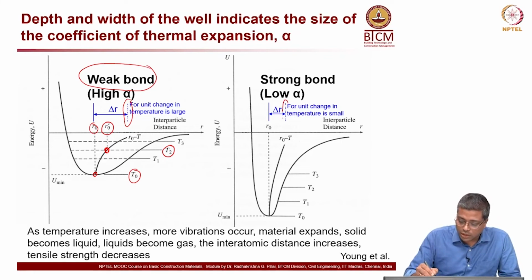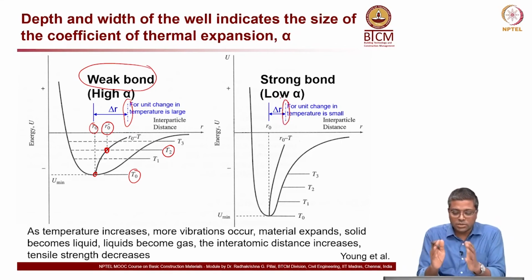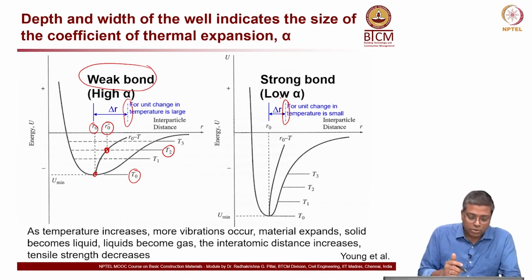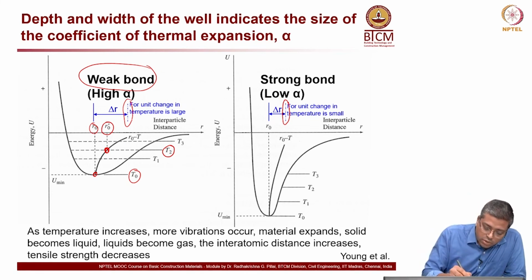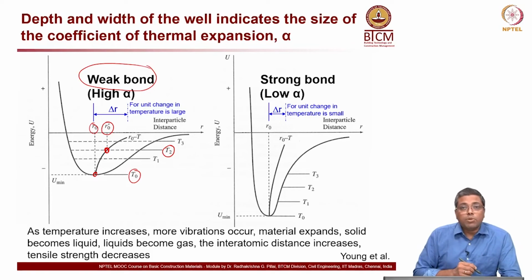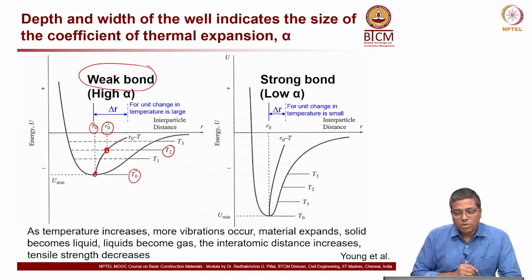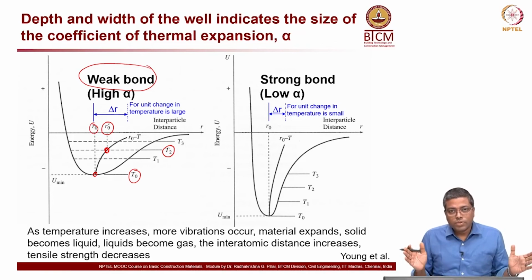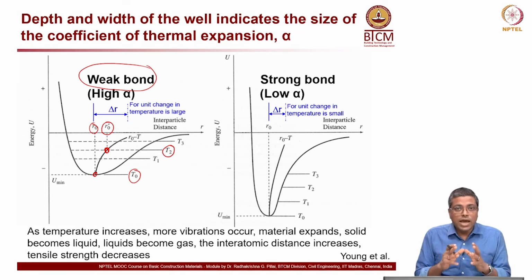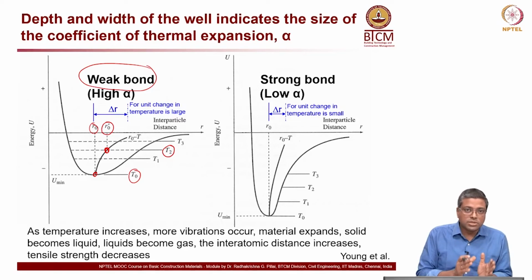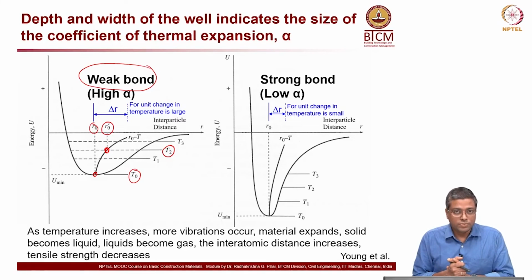Here also, the same thing, dash means it is varying, just to demonstrate that horizontal distance. Now this delta R, that means R0 prime minus R0, if it is more, that means the material dimension has changed more as the temperature changes from T0 to T2.